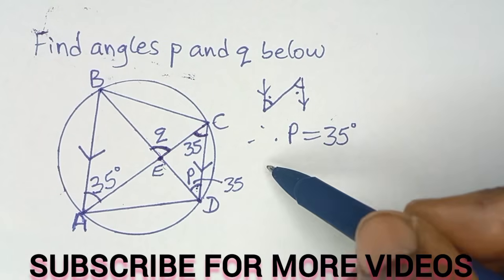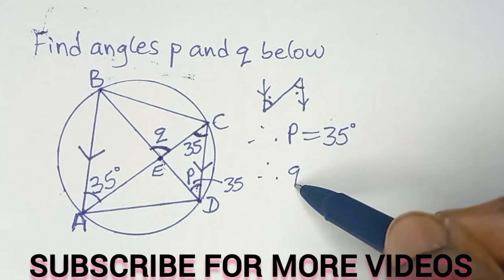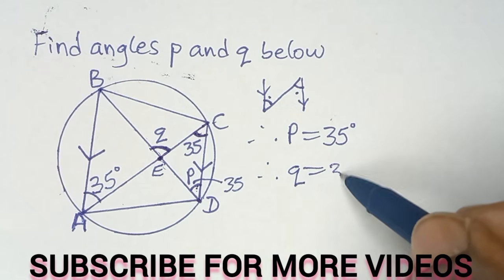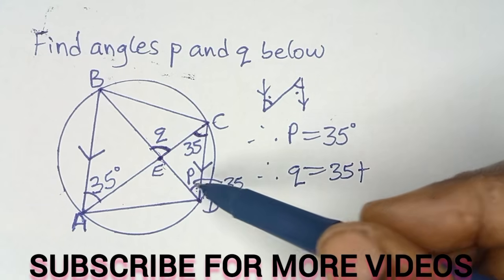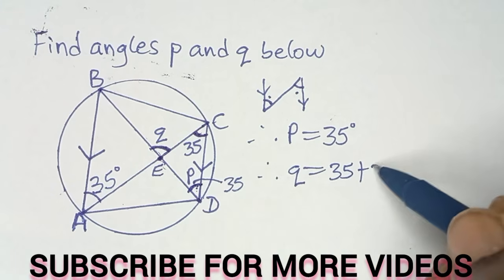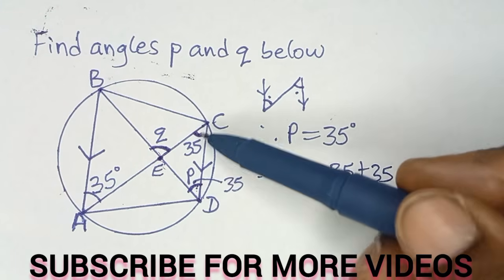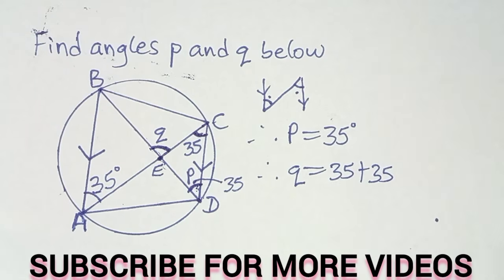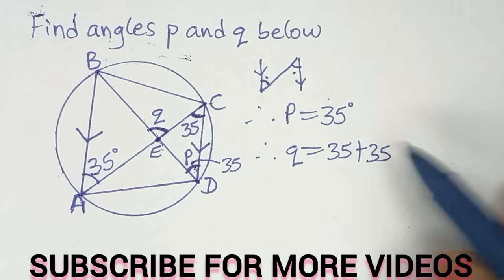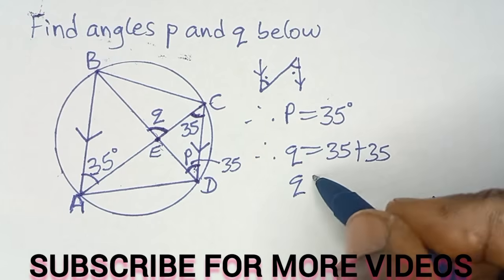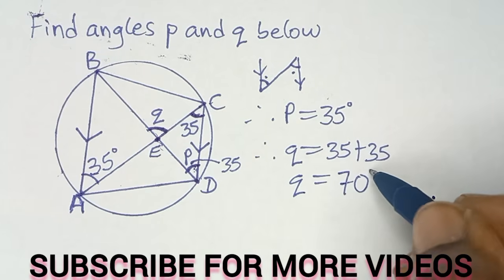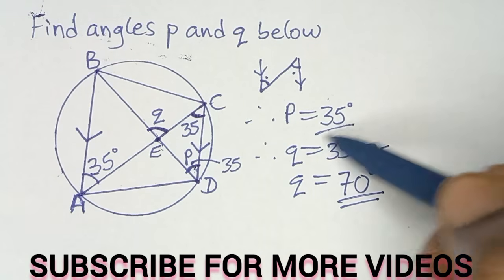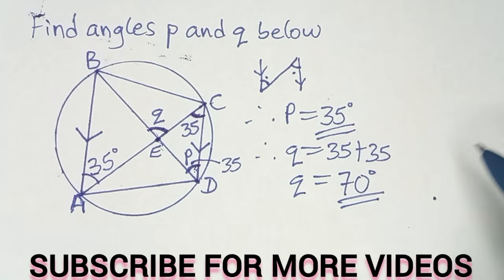So I can go ahead and say angle Q is equal to this 35 plus this other angle P, which is also 35, because they are the two opposite interior angles to this exterior angle. Then we can conclude that angle Q is equal to 70 degrees as our final answer. So P is 35 degrees and Q is 70 degrees.